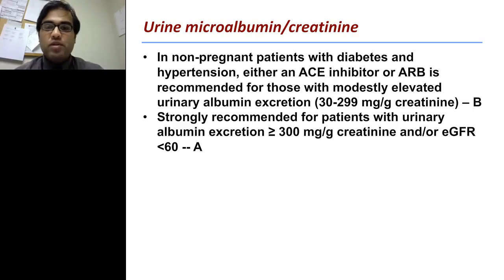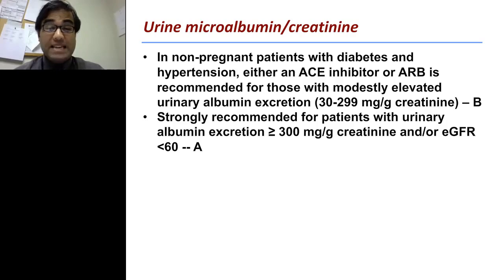In individuals who are non-pregnant, who have diabetes and hypertension, either an angiotensin converting enzyme inhibitor or an angiotensin receptor blocker is recommended for those with modestly elevated urinary albumin excretion.